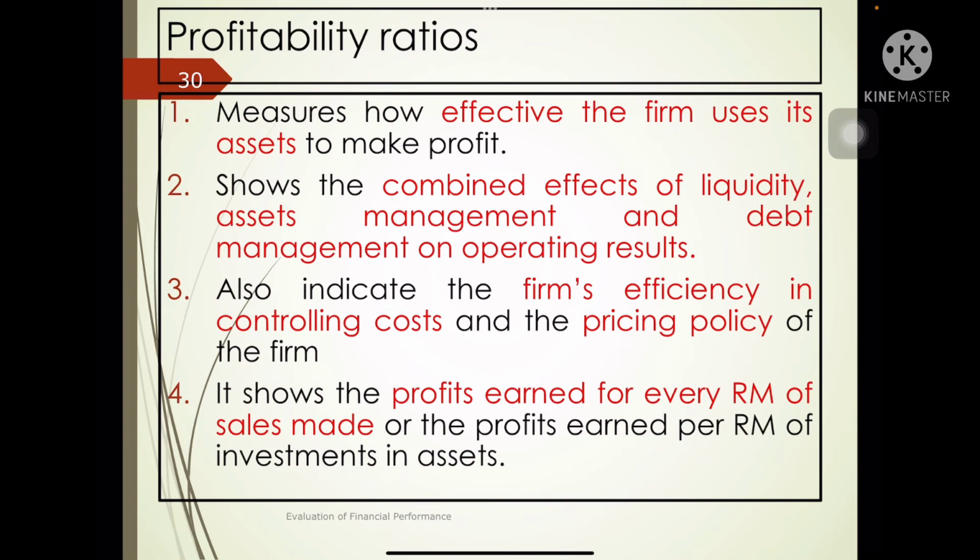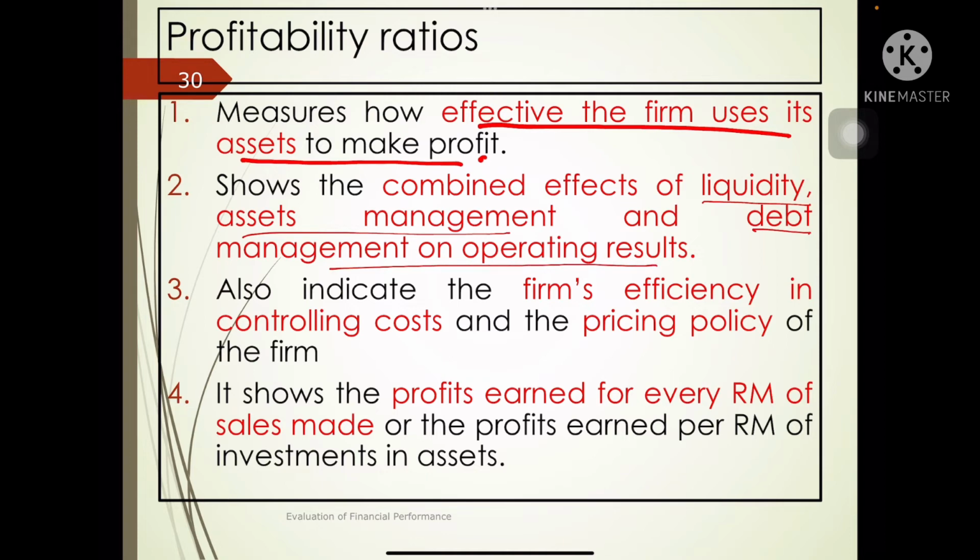All right, for profitability ratios, we are going to measure how effectively the firm uses its asset to make profit. So we would like to see how effective they are. It shows the combined effect of liquidity, asset management, and debt management on operating results. It also indicates the firm's efficiency in controlling costs and the pricing policy of the firm.